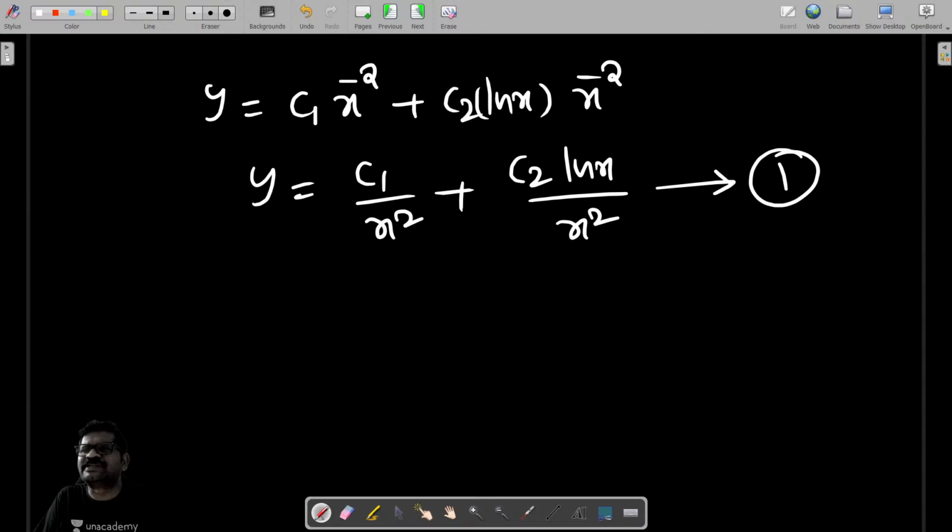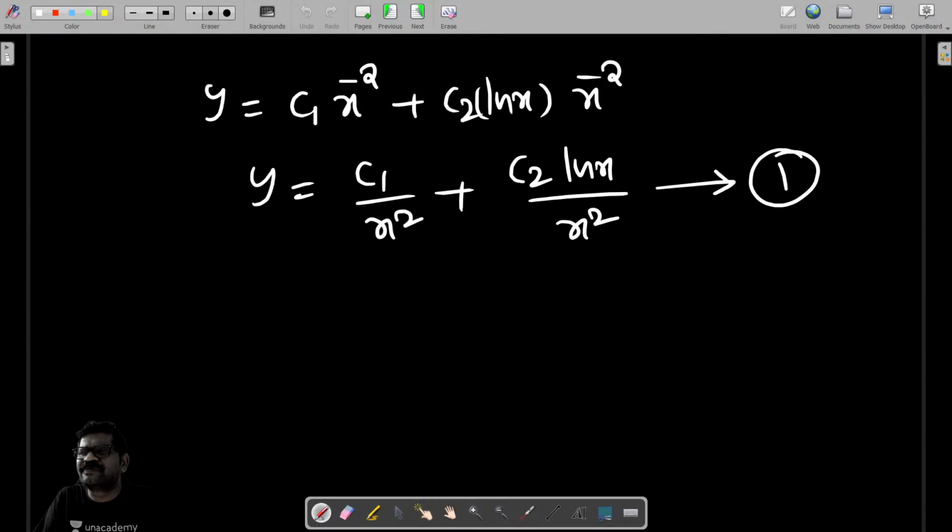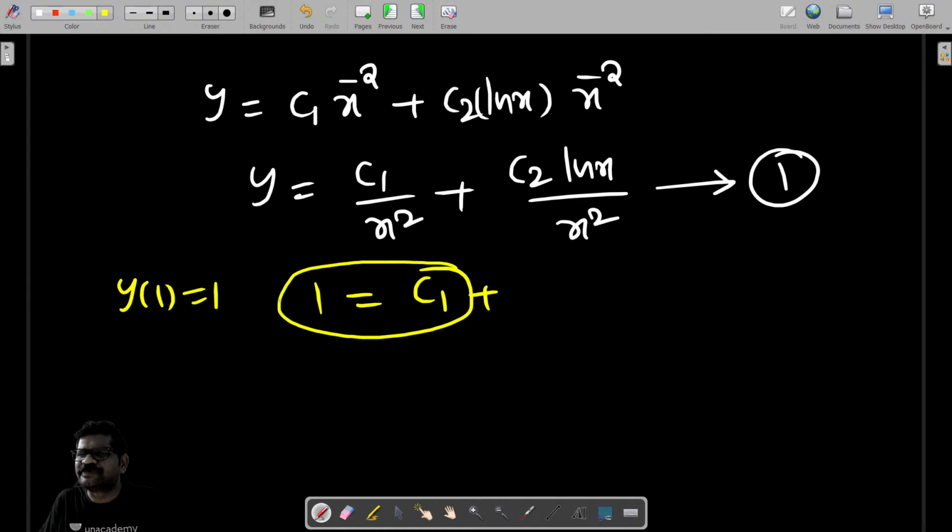Now boundary conditions are provided in the data. y of 1 equal to 1: 1 is equal to C1 plus C2 log 1, which is 0, therefore C1 equal to 1.